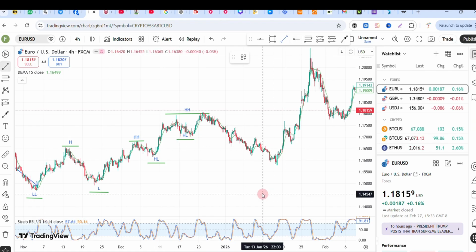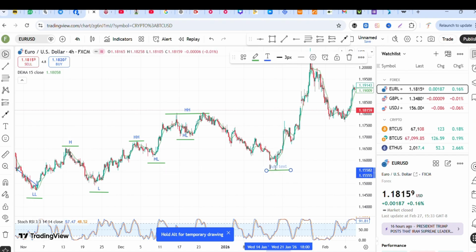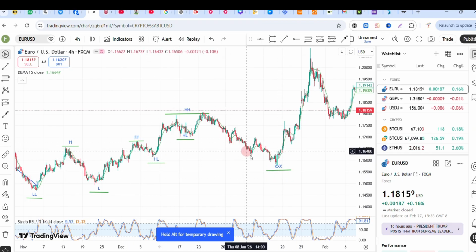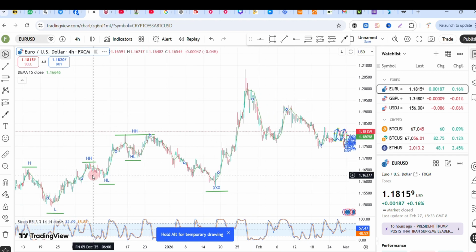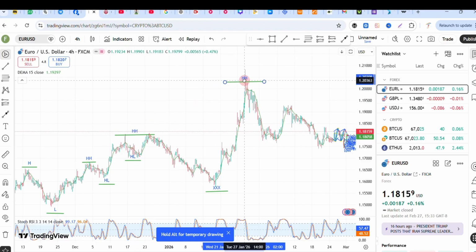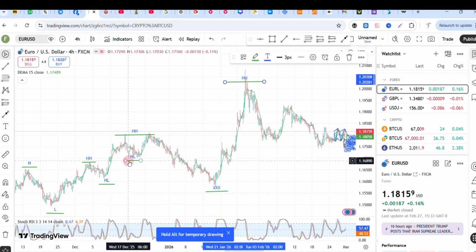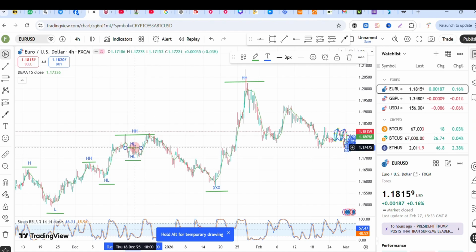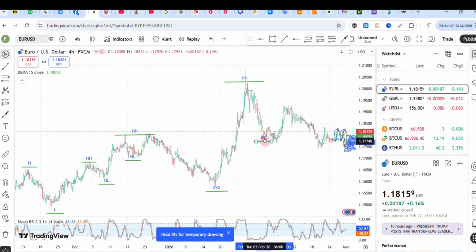The reason why we won't call this a lower low right now, I'm going to call this X. Now here's why I'm terming this X. If you notice, this gets lower than this low and this low, but then after this low, price moves way above our higher high here and gives us a new higher high here, right? And then it continues our pattern to give us a higher low, right?